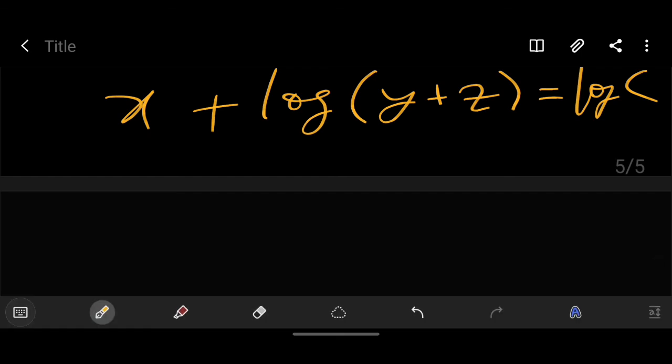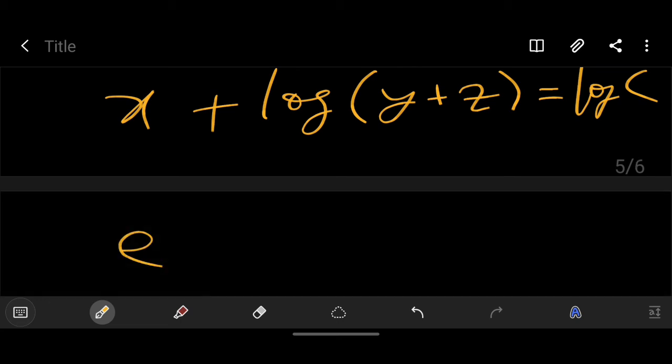And x, how can we write x here? e to the power log of x, then e and log cancel each other out, so it would be just x. But we want log in the base, so log of e to the power of x would be just x also.